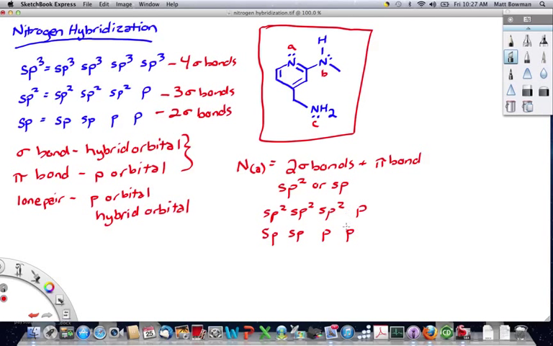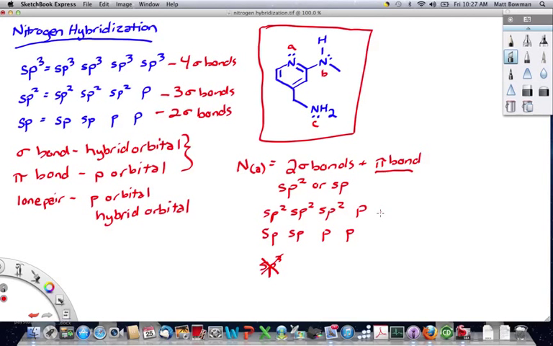So you have 2 different options right here. sp3, in this case, is not an option because there's a pi bond. Because you have a pi bond present, you need to have a p orbital. sp3 has no p orbitals. So we've narrowed it down to either sp2 or sp.